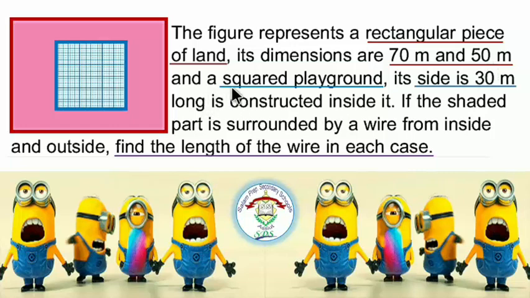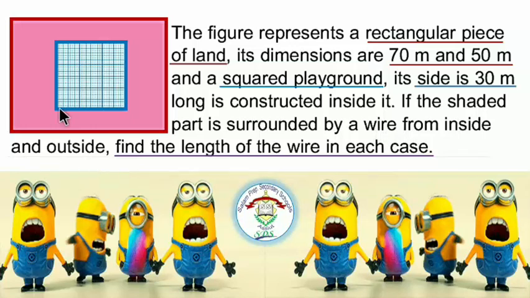And a square playground inside the land, in the shape of a square. Its side is 30 meters long. If the shaded part is surrounded by a wire from inside and outside.